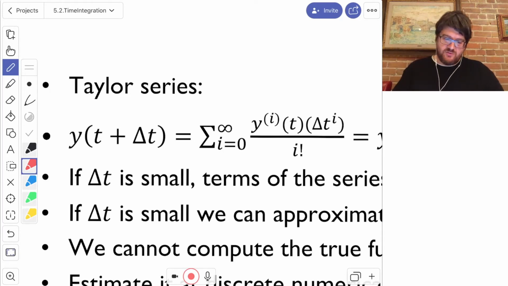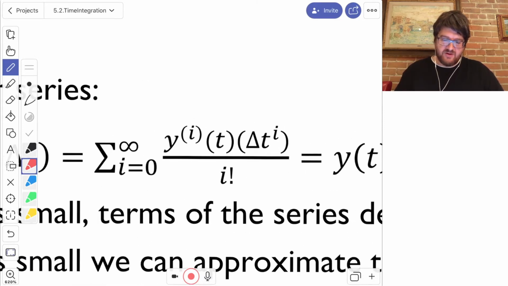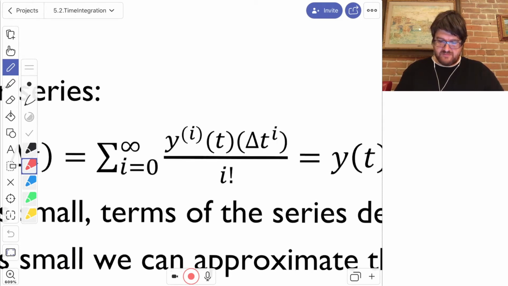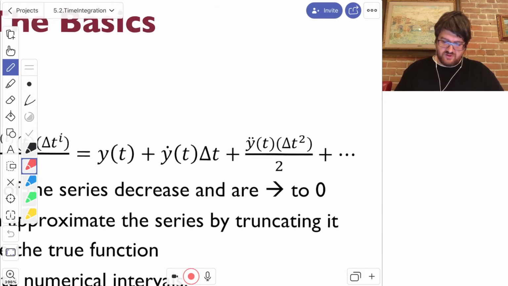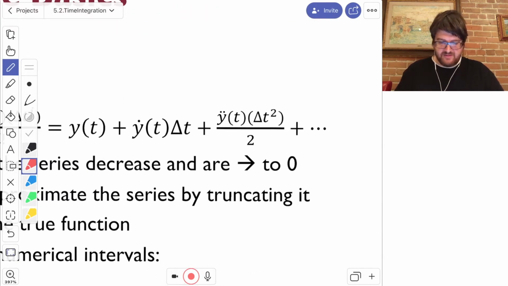We can write y of t plus delta t using Taylor series, and it's basically an infinite sum of increasing derivatives. So it's y of t plus the first derivative of y at t times delta t plus the second derivative of y at t times delta t squared divided by 2, and so on and so forth.